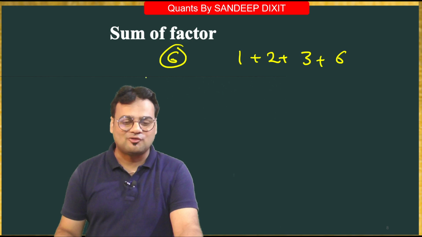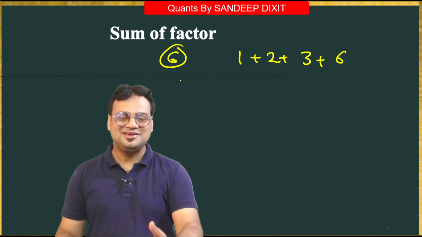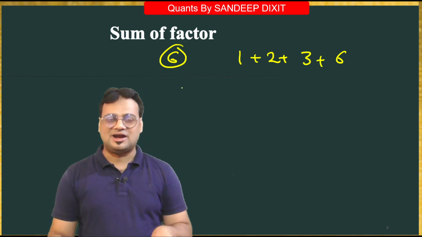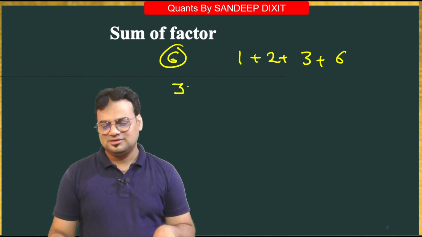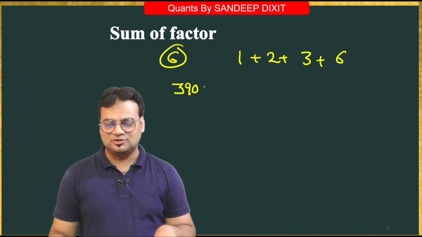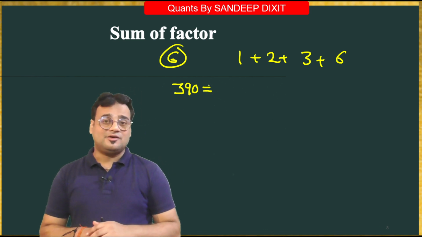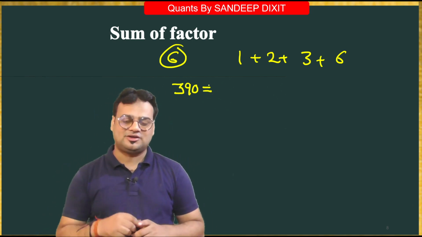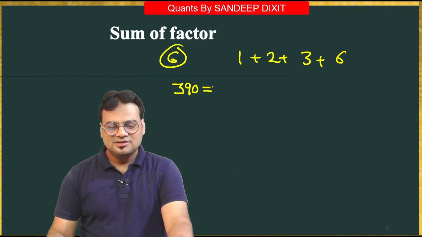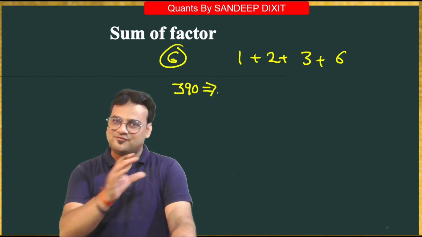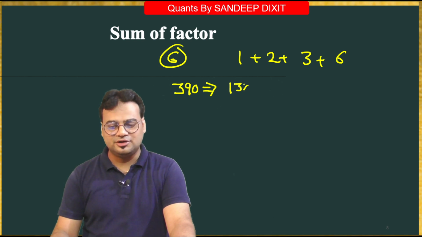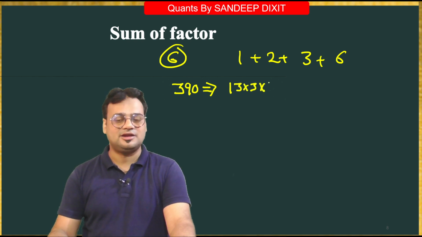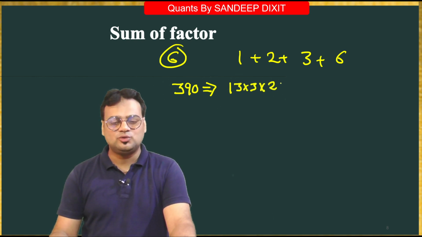so how to calculate? Let us see one example. Suppose we take 390 and we are required to find the sum of factors. So 390 is first split into prime factorization. We write 390 as 13 into 3, 13 threes are 39, and 10 we write as 2 into 5.